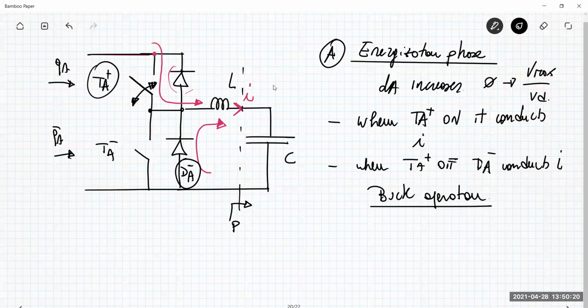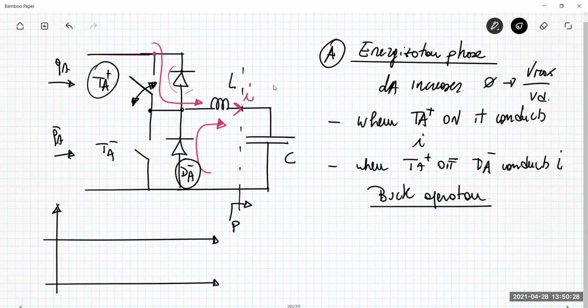Okay, so slowly from a situation in which you have a duty cycle which is null, you have two unitary switching functions, Qa and Qa naught, which is 1 minus Qa. This is for the transistor Ta plus, and this is for the transistor Ta minus.